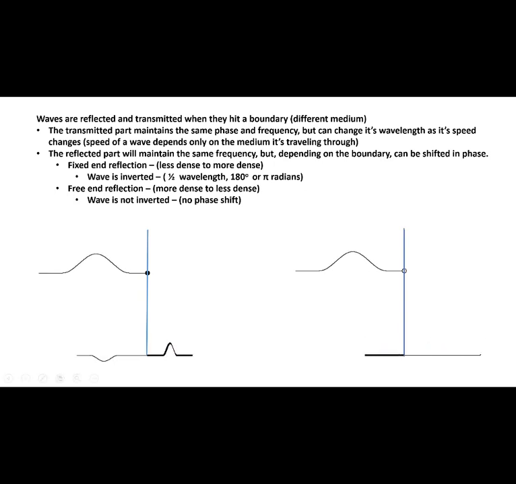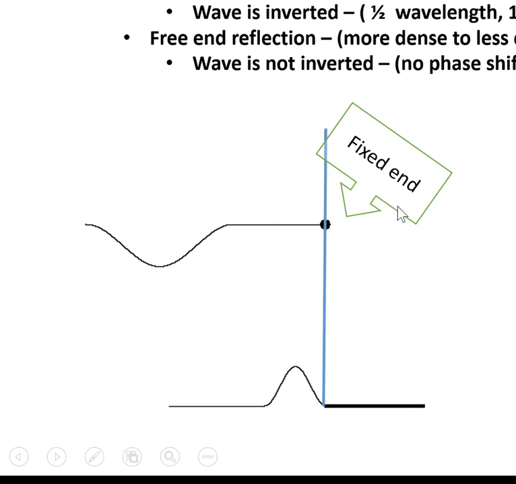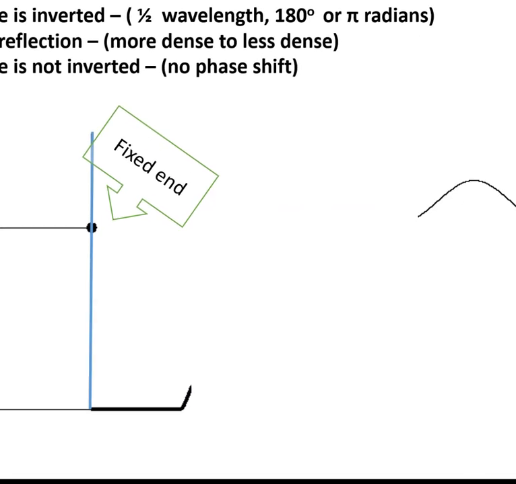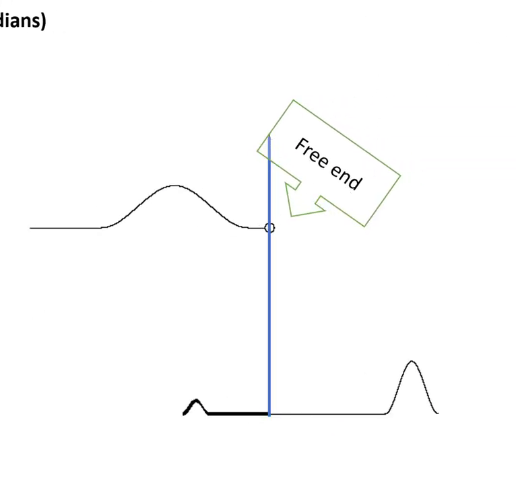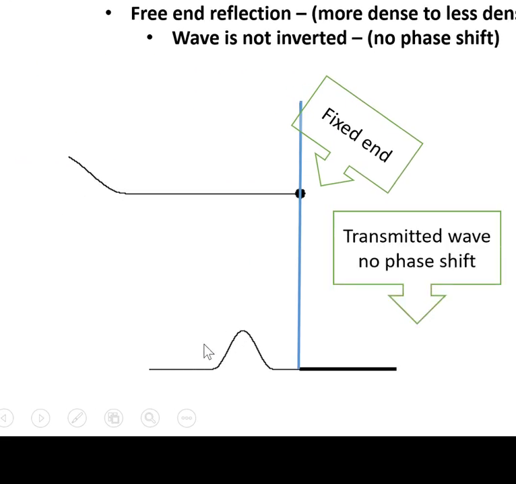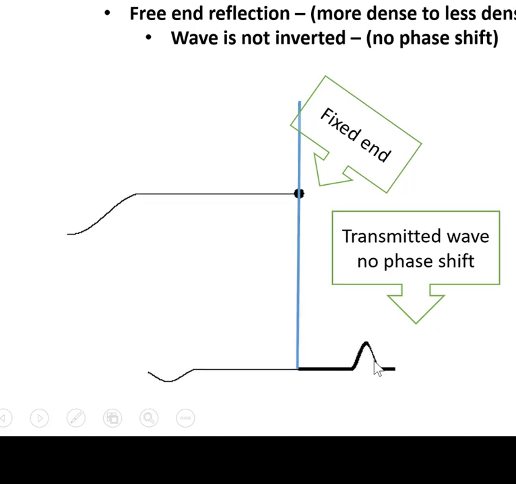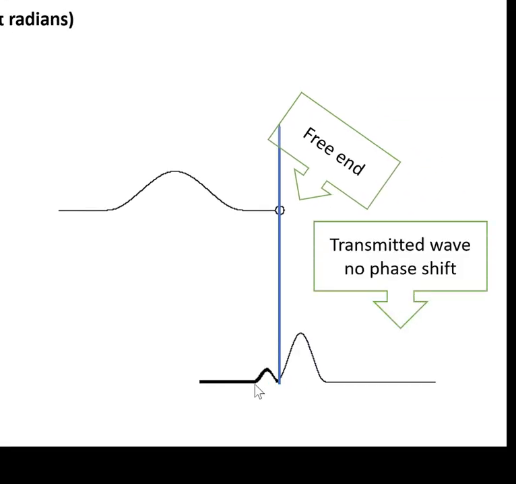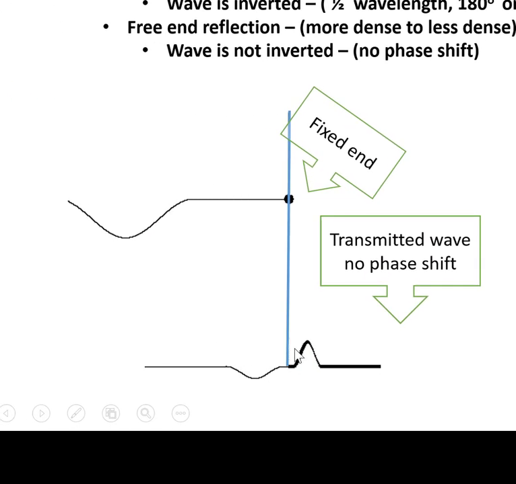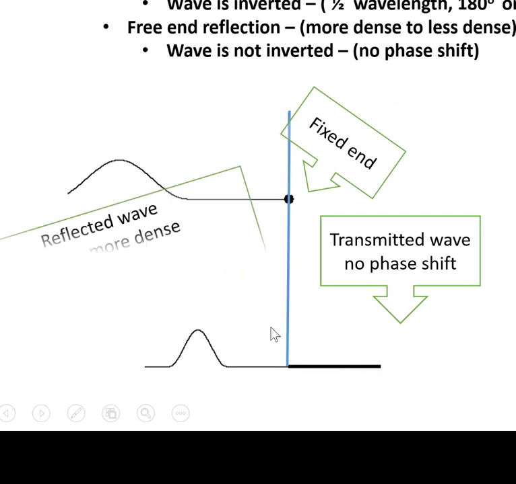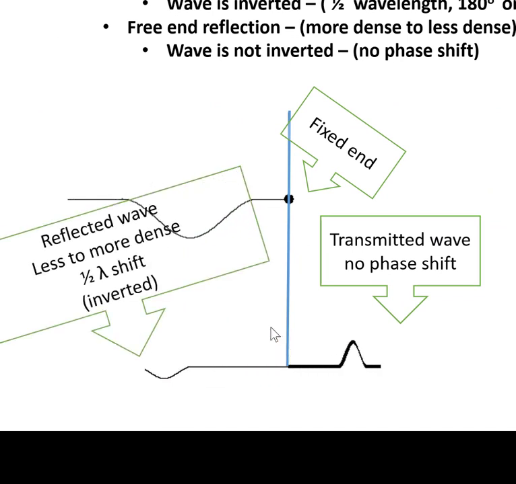So down below we have some great animations. This is a rope coming off of a fixed end, and over here we have a rope coming off of a free end. And down below we have, going from different mediums, we can see that for this transmitted wave, there is no phase shift. That's going from less dense to a more dense medium. Over here on the other side, we're going from more dense to less dense. And again, for the transmitted wave, there is no phase shift. Okay, but we go back to this first one and look at the reflected wave.